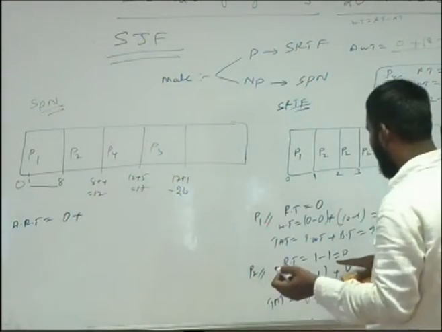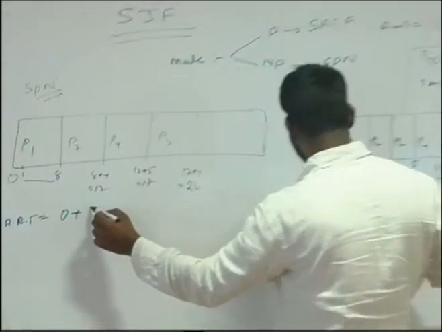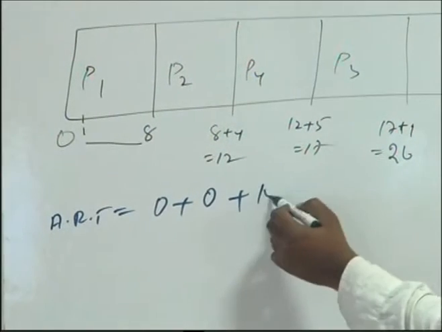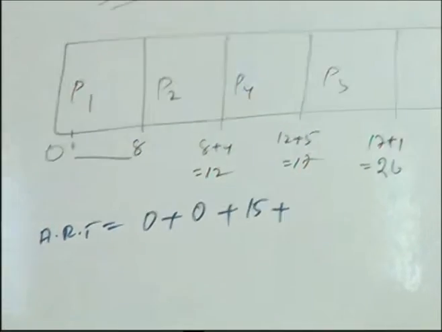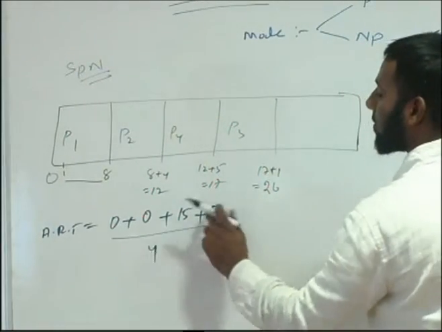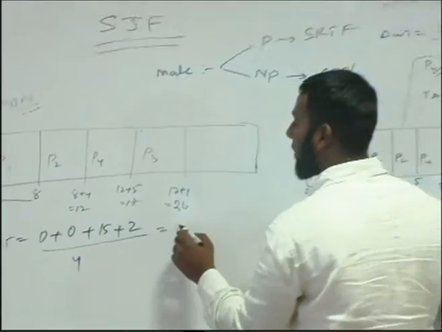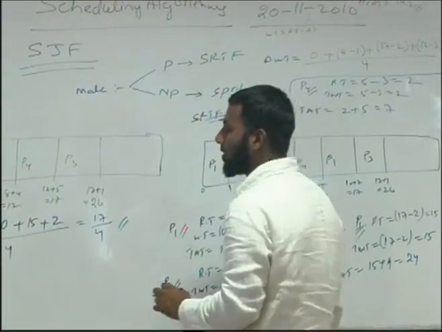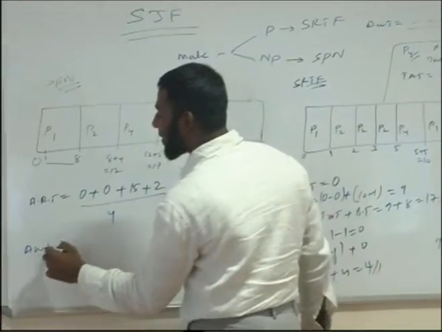For process P2, the response time is again 0. Then for process P3, the response time is 15, and for process P4, the response time was only 2. So divided by 4, it gives 17 by 4.